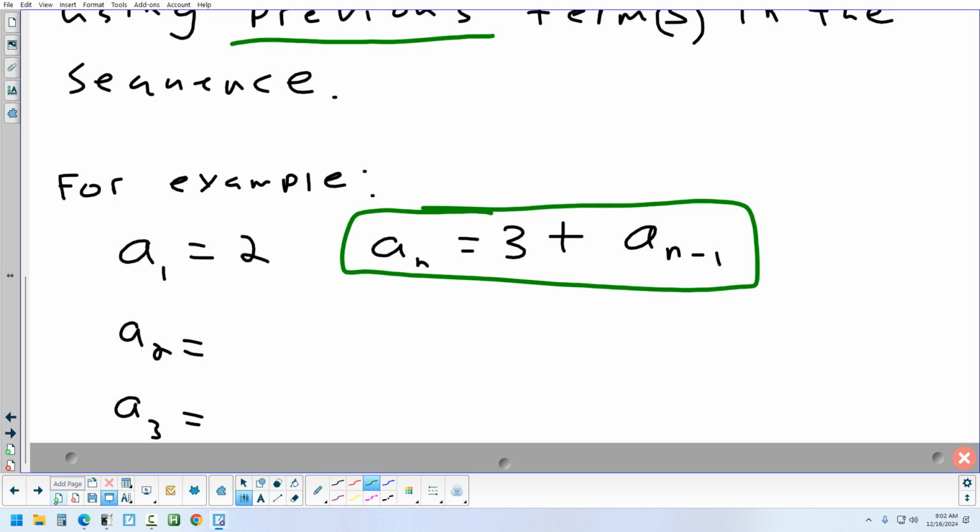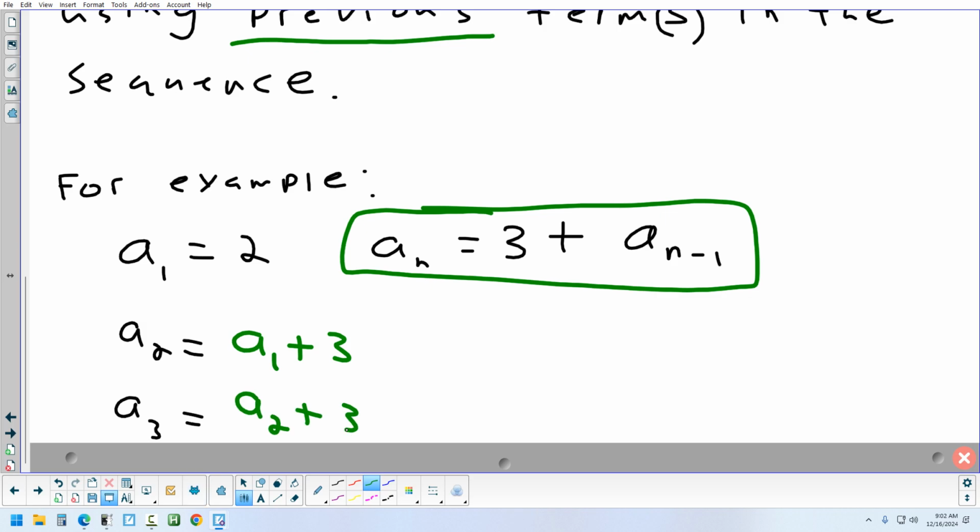I don't want to know what the second term is. I just want to know the formula to find it. You add 3 to the first term. All right? And now, let's look at what's the formula for the third term? Add 3 to the second term.